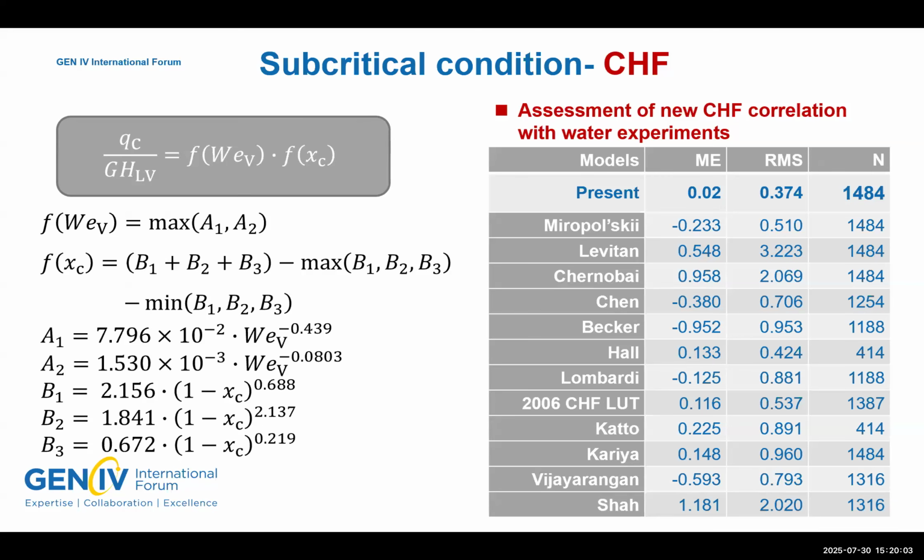Finally, it is indicated that the new CHF correlation is a function of the Boiling number, Weber number, and also the critical quality, as shown in the presentation. We also compared with different CHF models, and you will see that the present correlation gives a better prediction accuracy.